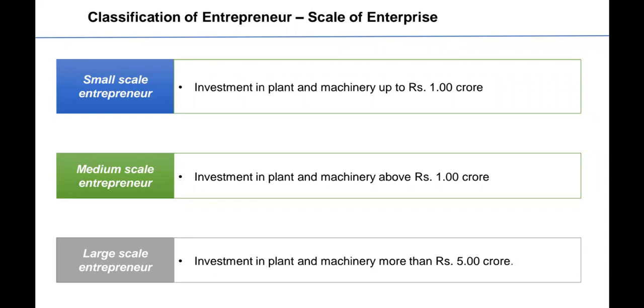But once your investment in plant and machinery has exceeded 5 crores, you will not be called a medium scale entrepreneur. You will be called a large scale entrepreneur. Okay, that is the third classification.